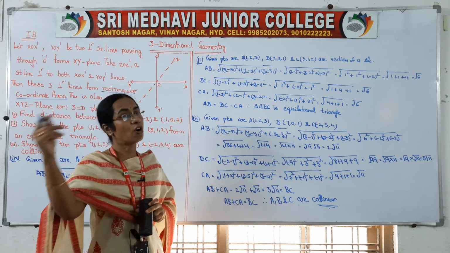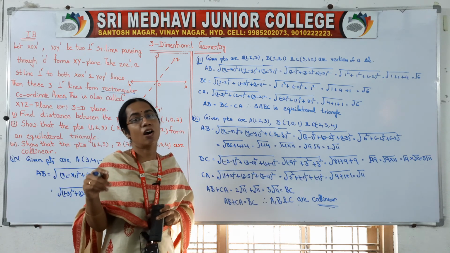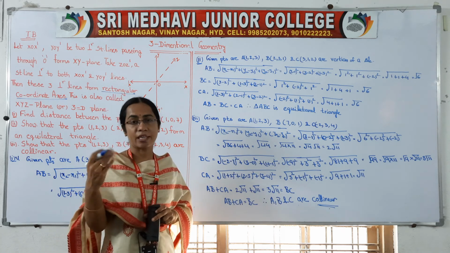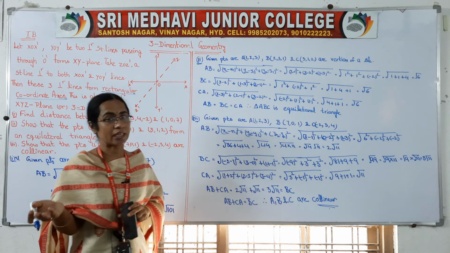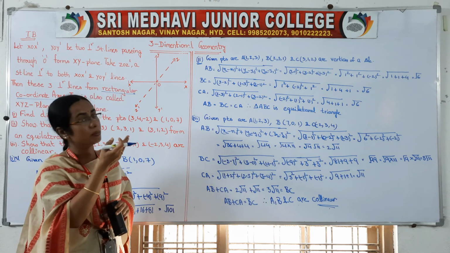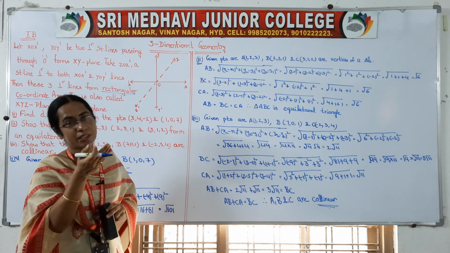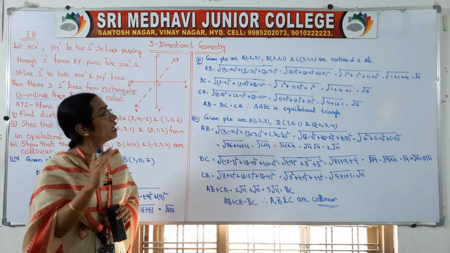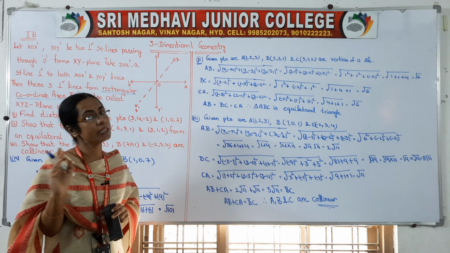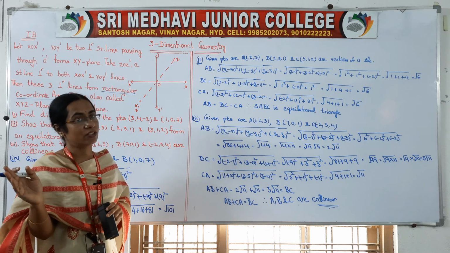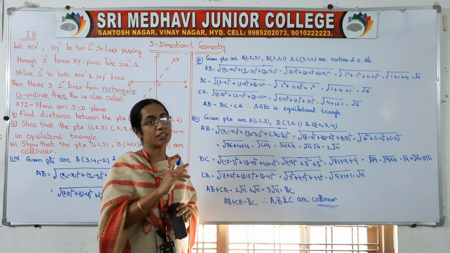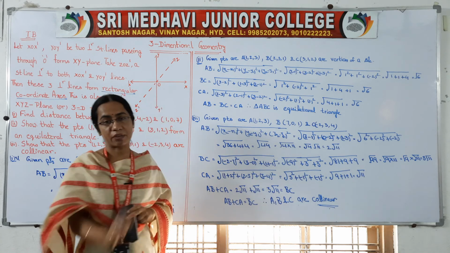Another method: if the lengths of all the sides of the triangle are equal, then also we can say that it is equilateral. So find out AB, BC, CA. Three vertices of the triangle are given to us. Just find out the sides AB, BC, CA. Then you will get all equal, so it is equilateral.